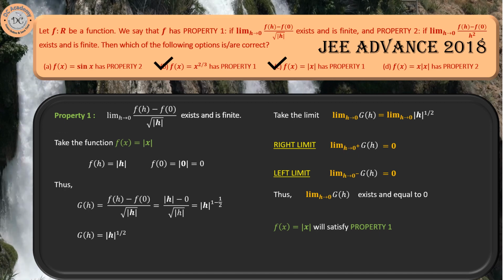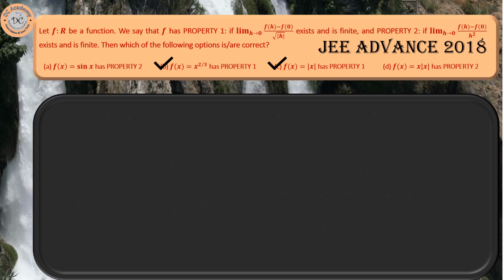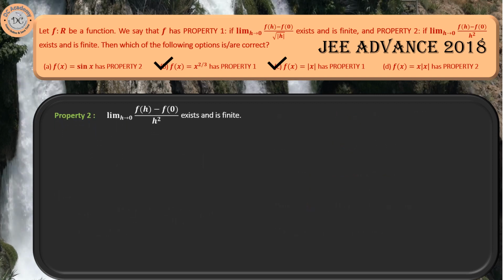So the last option needs to be tested. Let's go ahead and test option number D for property number 2. Here we need to recall property number 2, and we consider the function f(x) equal to x mod x.